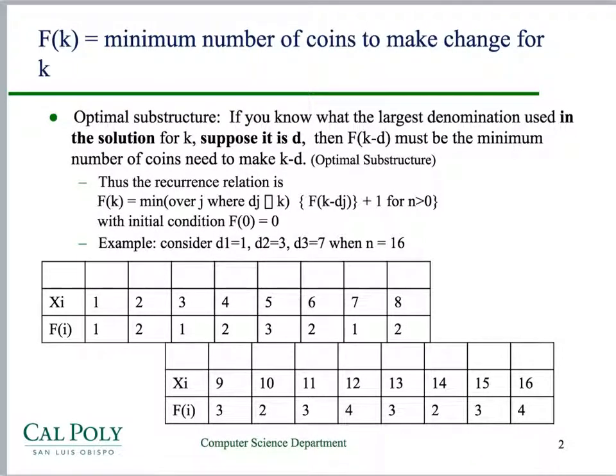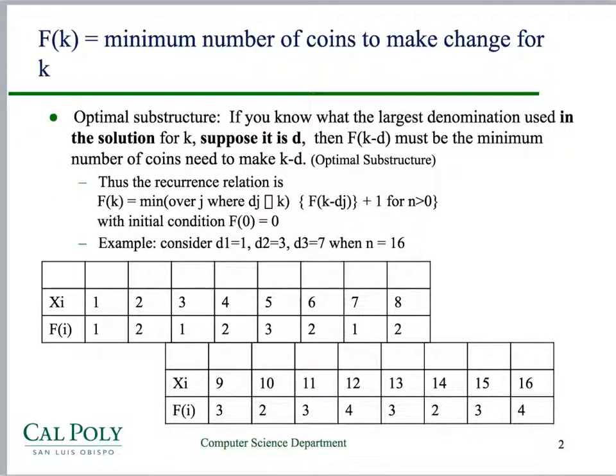Then f of k minus d must be the minimum number of coins used to make the amount k minus d. That's the optimal substructure. And I think that's pretty obvious. If you could make f of k minus d with a smaller number of coins, then of course you could make the solution for k with a smaller number of coins.